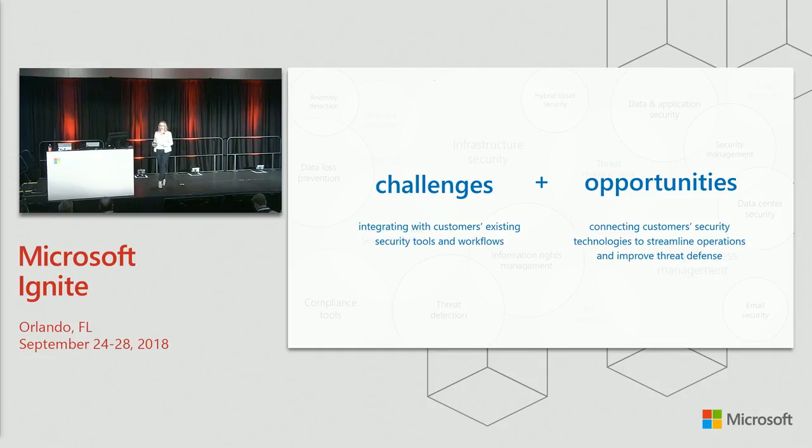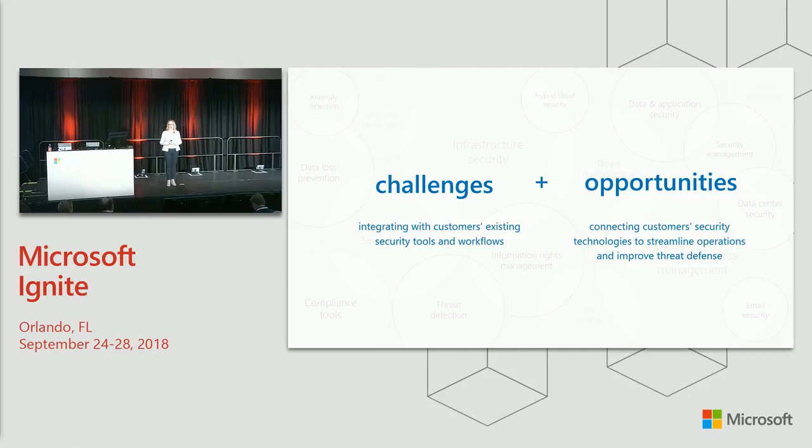In terms of opportunities, we really believe that by connecting the customer security technologies, we can not only significantly streamline security operations, so simplifying integration with SIEM and ticketing and incident response and automation systems. But we believe that we can, perhaps more importantly, connect security insights across the customer security technologies to improve the effectiveness of each of those.